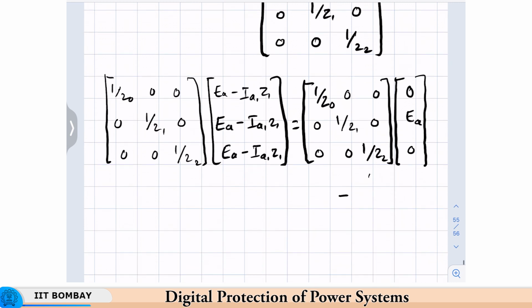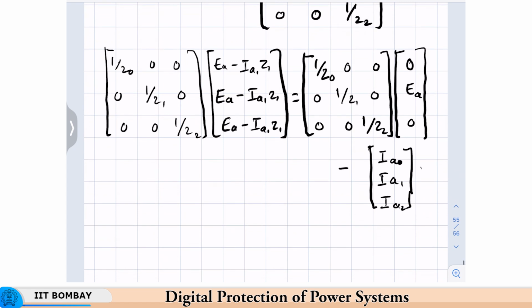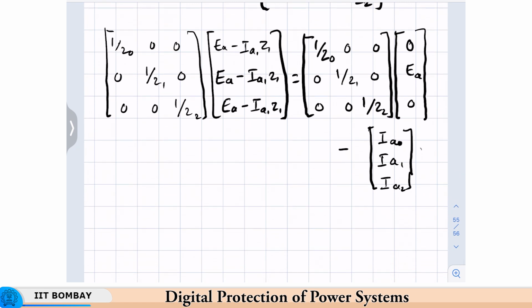There is one more term which is minus. Since there was a Z associated with this, Z into Z inverse will give us an identity. Now, what we will do is pre-multiply both sides by this vector, that is, add the three rows together.